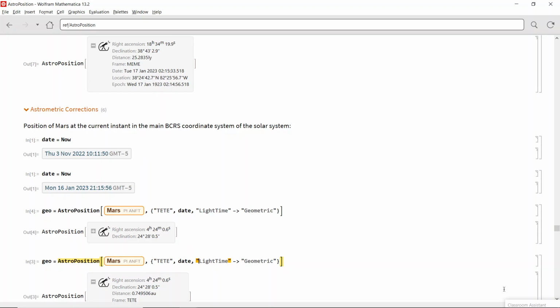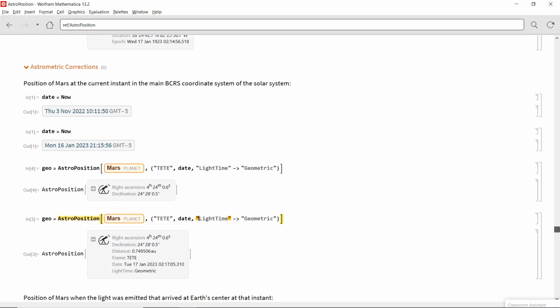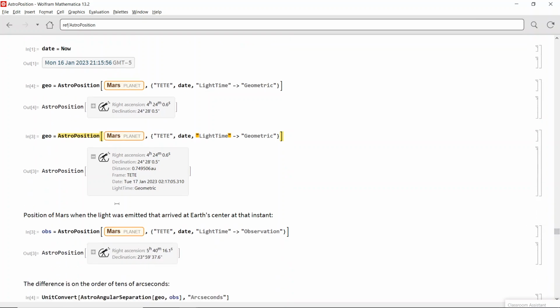Okay, so you have 4 hours, 24 minutes, 0.6 seconds, 24 degrees, 28 minutes, 0.5 seconds. Position of Mars when the light was emitted that arrived at Earth's center at that instant.